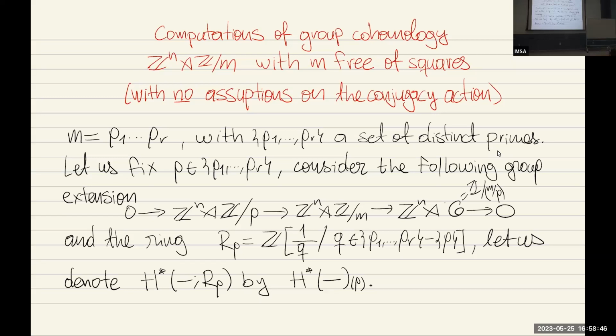With kernel Z^n times ZP, and the quotient. Sorry, here something is wrong. Yes, something is wrong here.